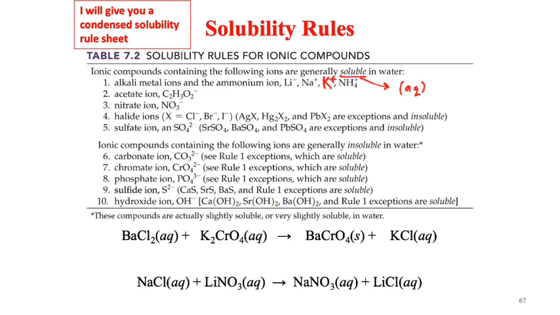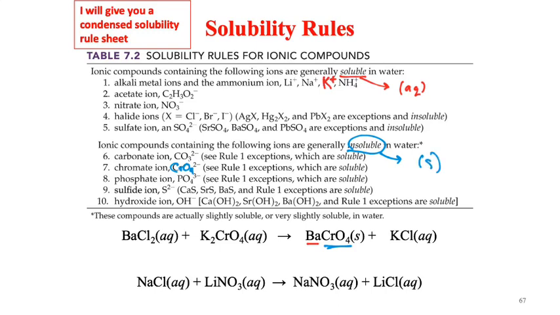Well, a double replacement has 2 pieces, doesn't it? Let's look for the other piece. Number 7. Now when we go to number 7, see rule 1 exception. Chromate. What's the rule for chromate with where it's found in our list? See rule 1. That's exceptions. Generally, insoluble means it does not dissolve in water. Means solid.